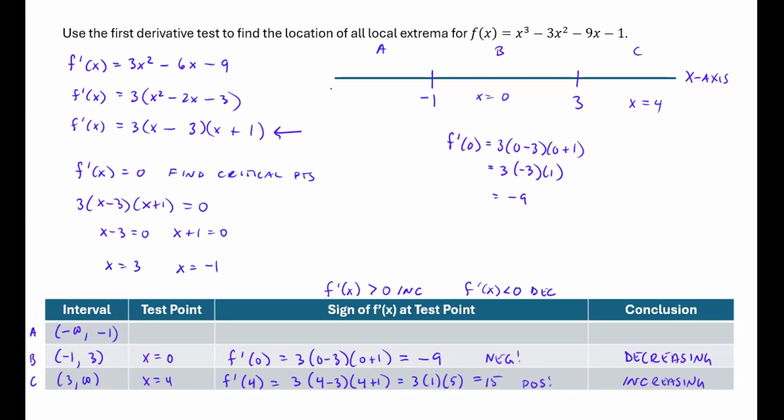Now let's go ahead and work with the negative numbers up here with interval A. So I'll pick a test value. I'll pick x equals -2. Be careful with your negatives. Make sure you're actually in that interval.